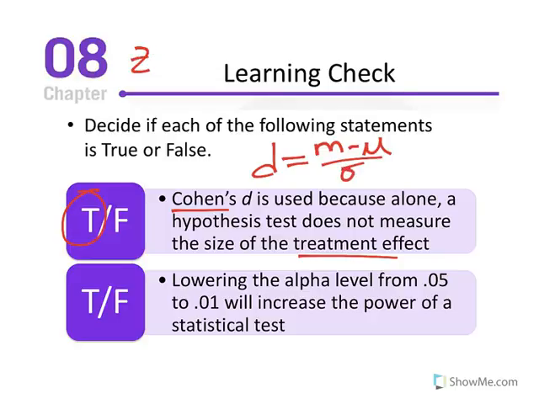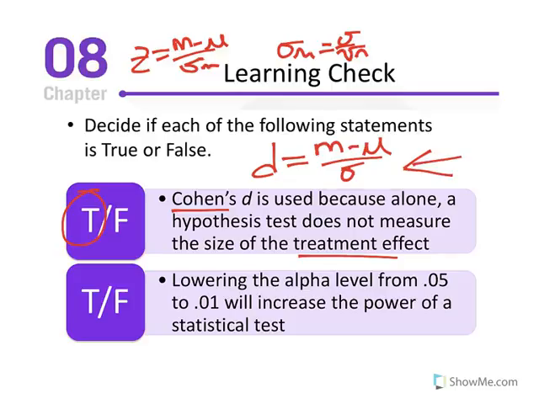Again, our test statistic z is equal to M minus mu over standard error. And standard error is equal to standard deviation over square root of n. And we have spoken extensively about the influences of n. So again, Cohen's d helps us better measure the treatment effect that is occurring, and we express that treatment effect in standard deviation units.